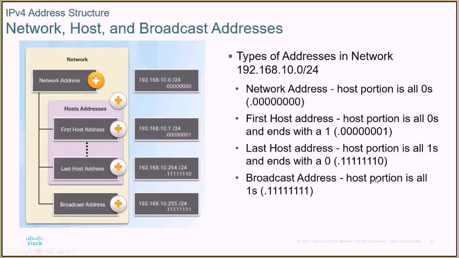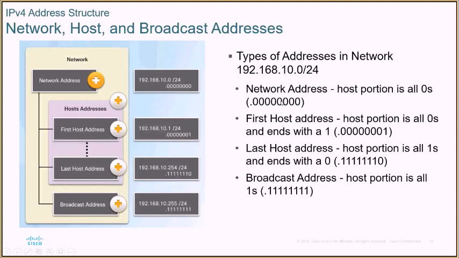And if you have all ones in the host section, that will make it the directed broadcast address for that subnet. As you can see down the bottom here, for the same subnet as we were looking at before, 192.168.10.255, that's what's called a directed broadcast, and that's a message that could be sent to every host on that subnet. Those addresses cannot be used.